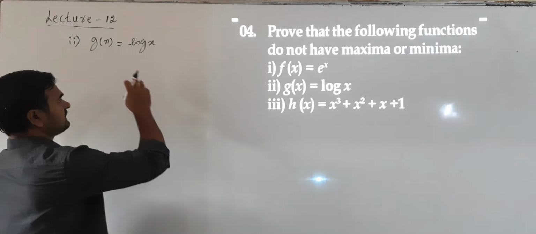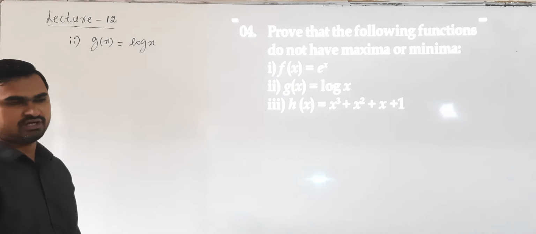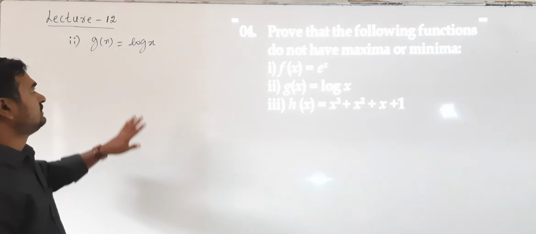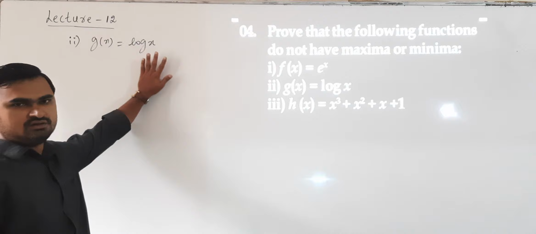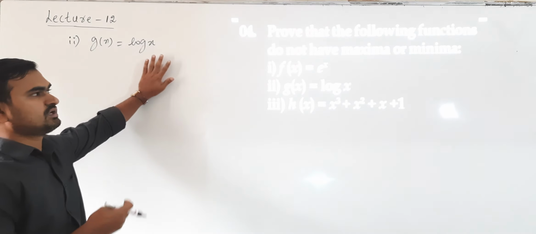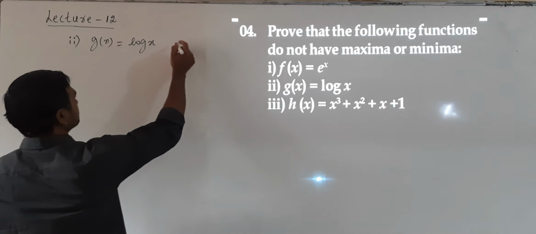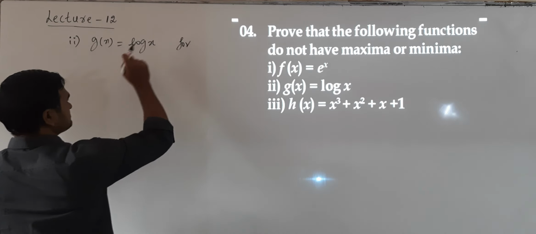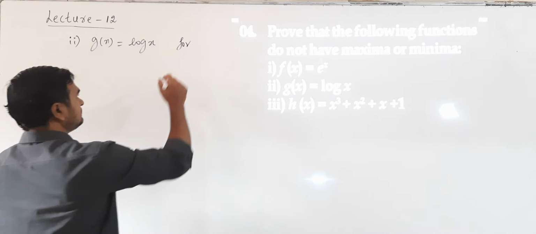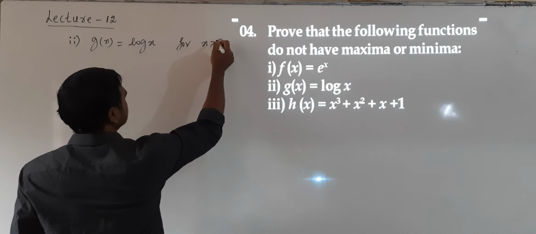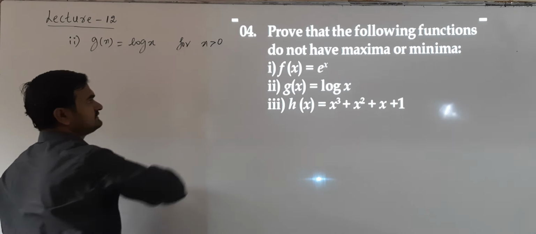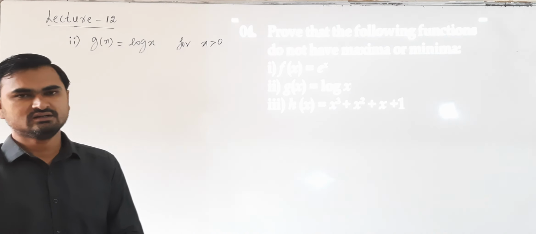So we will take the domain of the function. When they don't give any interval, we have to take the domain of the function for finding local maximum or local minimum. So this is the domain of log x. Only for positive values of x, log is defined. So x greater than 0, it cannot be equal to 0 also. x should be greater than 0.